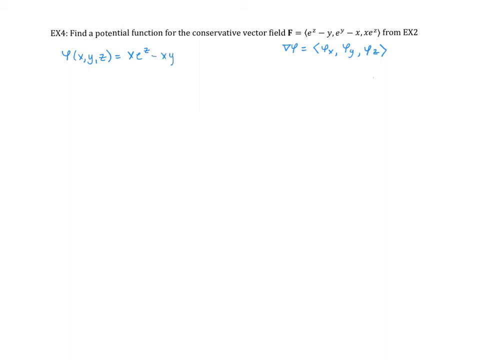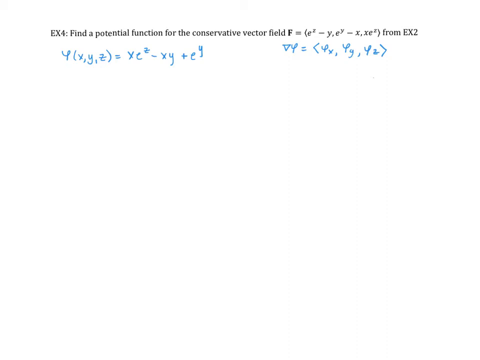The second component, e to the y minus x, should be equal to the partial derivative of phi with respect to y. If I integrate it with respect to y, I get e to the y minus xy. The xy is already listed, but e to the y is not, so I'm going to add e to the y.